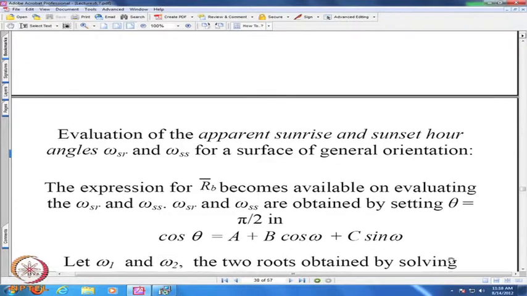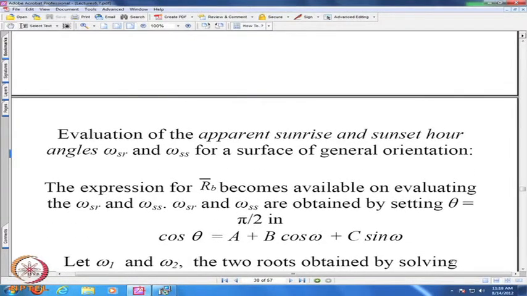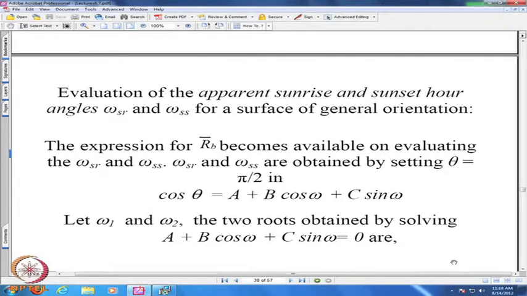Most of the algorithms that were available in the literature present something like this, where you set theta is equal to pi by 2, then it leads to the equation a plus b cos omega plus c sin omega is equal to 0.